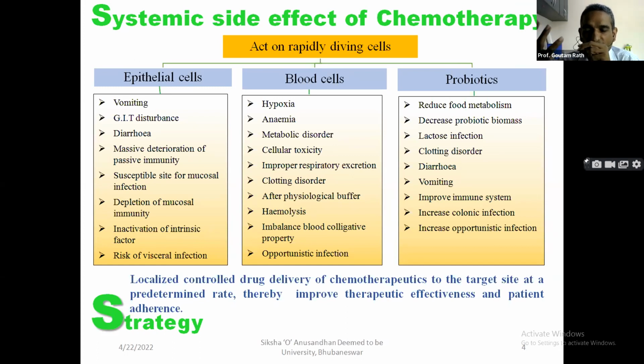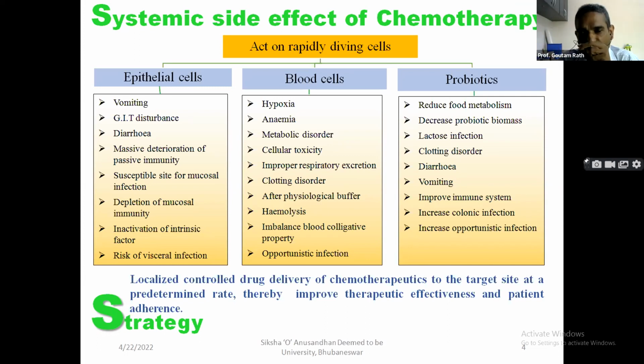Exactly, the bioflora, the bacteria, can grow at a rapid pace, and the anti-cancer drugs can affect the growth, density, population, or biodiversity of the bioflora, which causes a number of GIT problems.